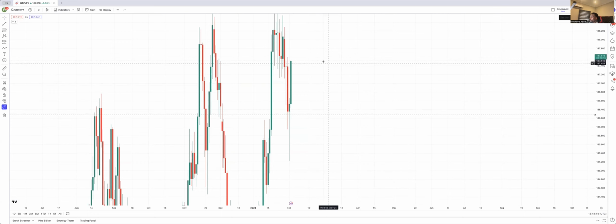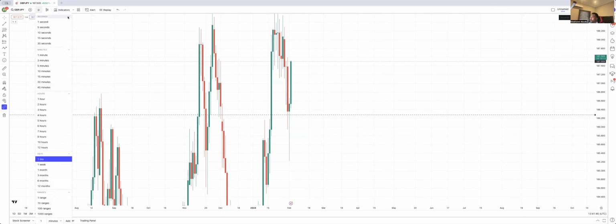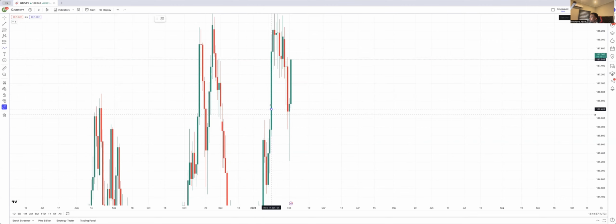So on the daily time frame, we can see how the market is retesting the M pattern that we had on the daily time frame. We can see this as the M pattern. All these are wick candles, but we can either use the wick or use the body.